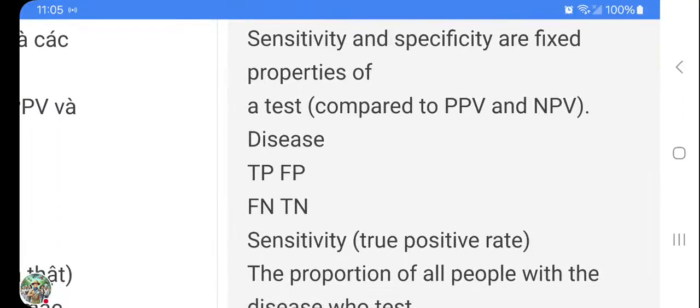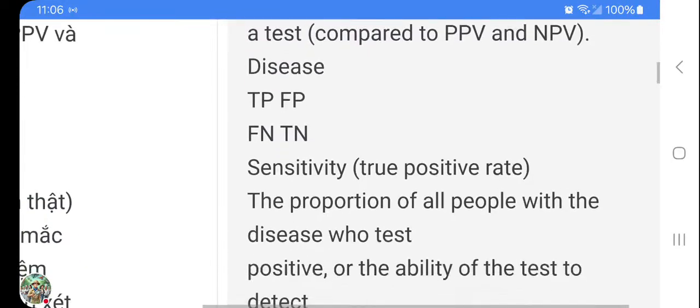Now let's talk about sensitivity and specificity, which are fixed properties of the test, compared to the PPV and NPV. What is PPV? PPV stands for positive predictive value, and NPV stands for negative predictive value.